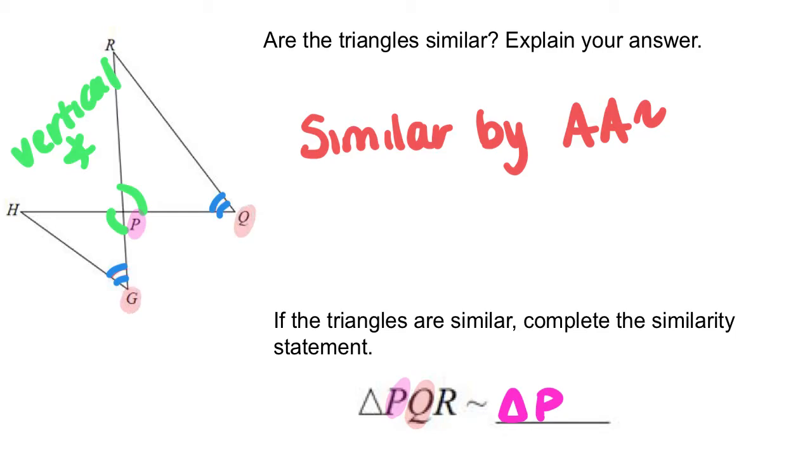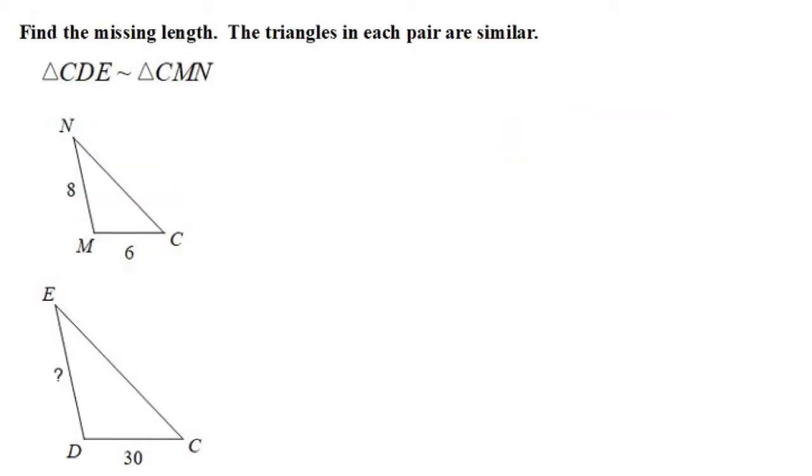The double marked angle in the other triangle is G. And then lastly, I need the vertex that corresponds with R, and we can see that R is the unmarked angle. So the unmarked angle in the other triangle is H. So it's similar to triangle PGH.